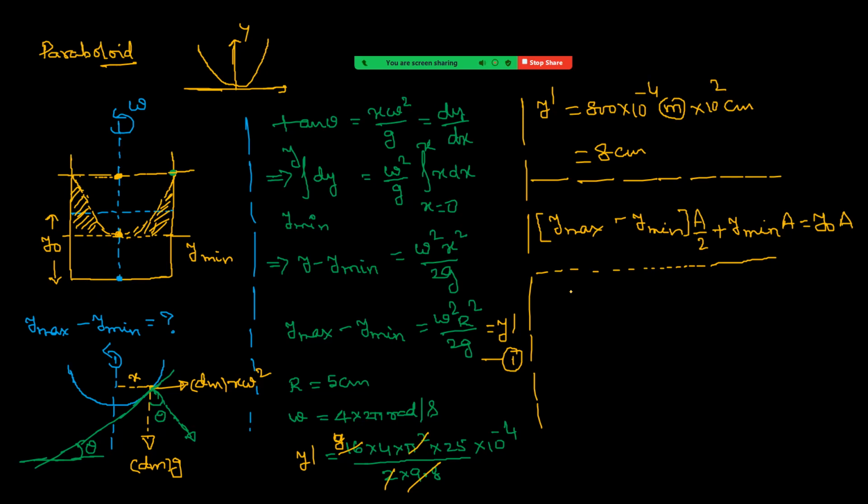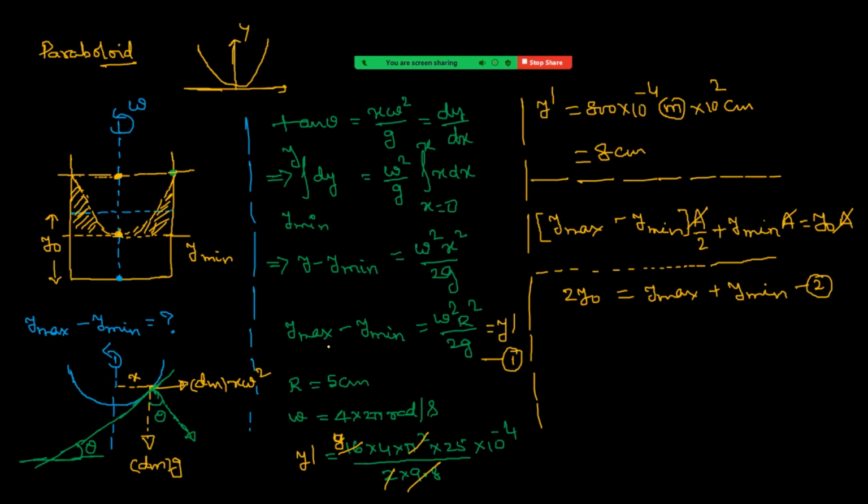From this, see what we get. Throughout, A and A get cancelled. 2y minimum is equal to 2y naught, so 2y naught equals y maximum plus y minimum. Let me take this as equation 2.